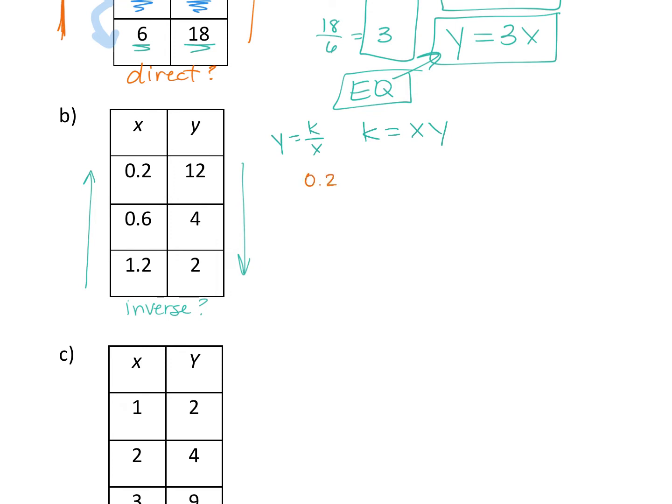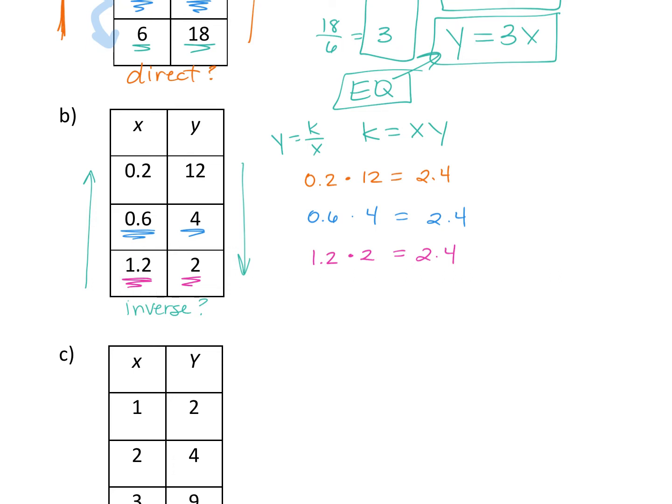Multiply all those numbers, right? 0.2 times 12 is 2.4. 0.6 times 4 is 2.4. And then 1.2 times 2, 2.4. Okay? Is that a constant?